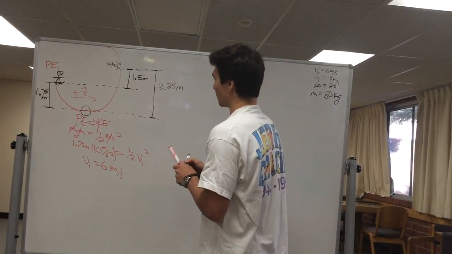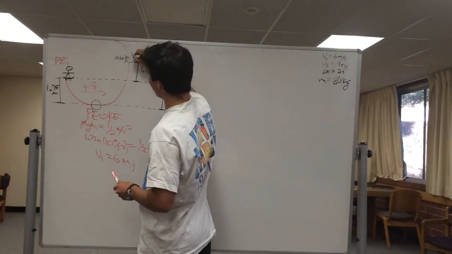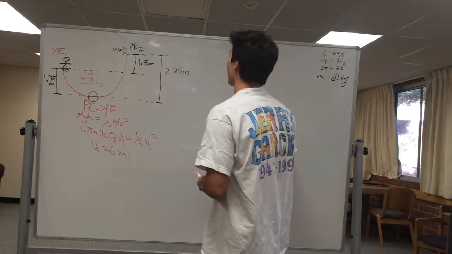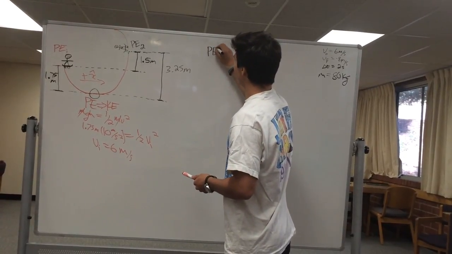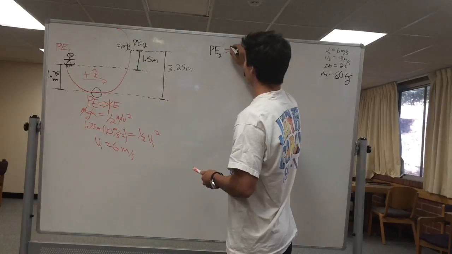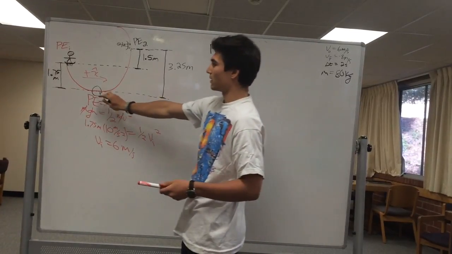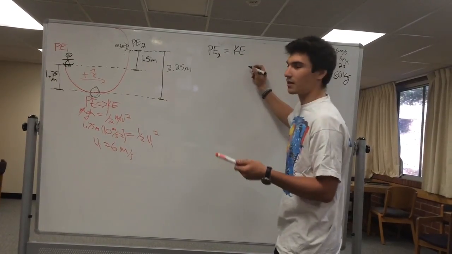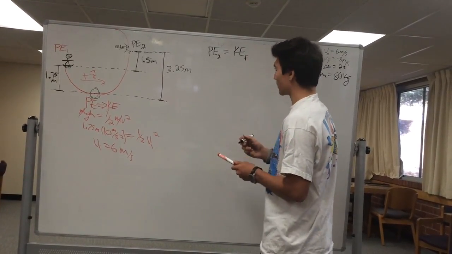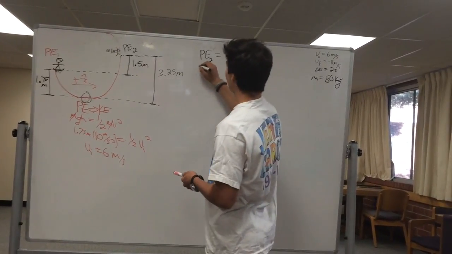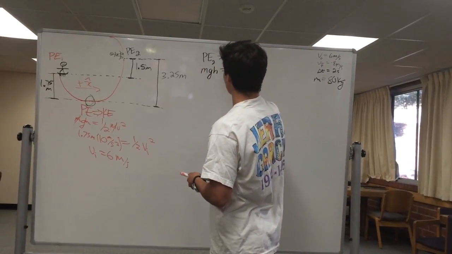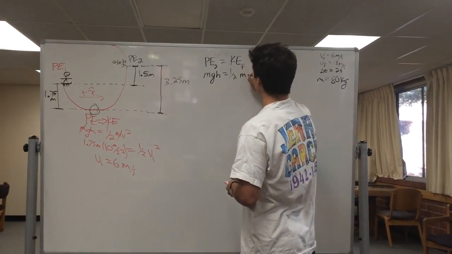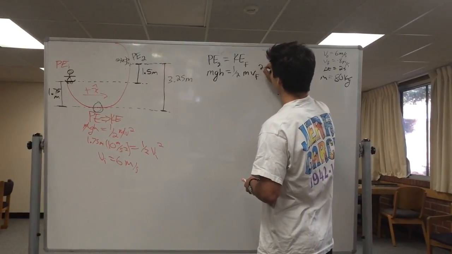So this point is going to yield potential energy, let's call it potential energy 2, and potential energy 2 is going to be equal to the kinetic energy at this point. So kinetic energy, let's call it kinetic energy final. So we know, once again, mgh is going to be equal to 1/2 mv final squared.